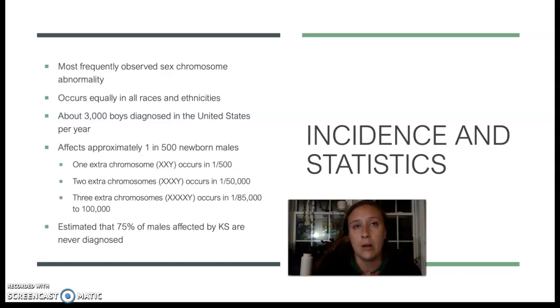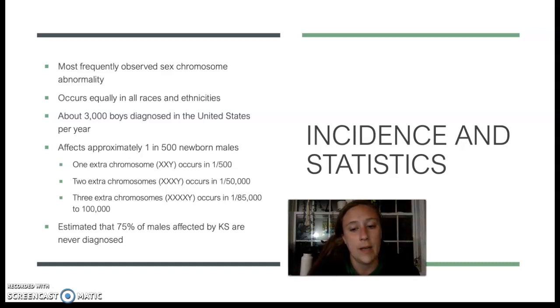I saw another report. It kind of varies. It kind of goes from 1 in 500 to 650, so somewhere in there. Also, it's more likely that someone with XXY presentation of genotype is more often seen than those with the higher number of X chromosomes.